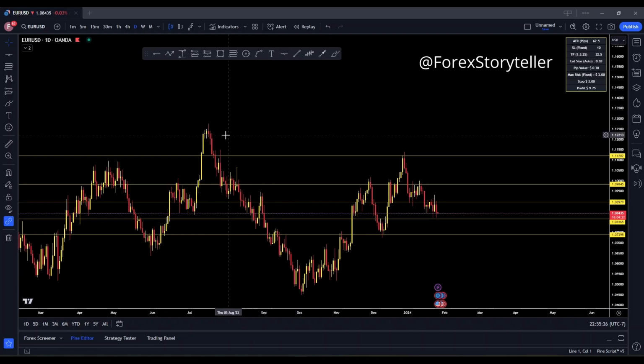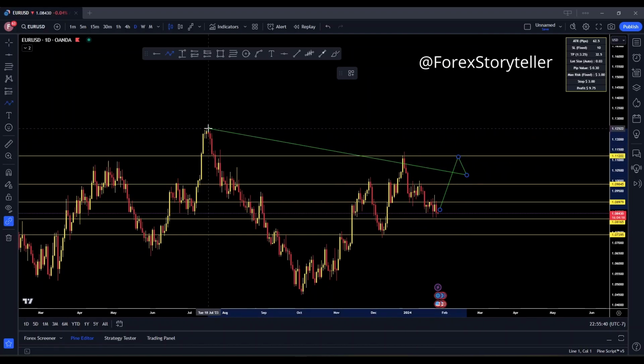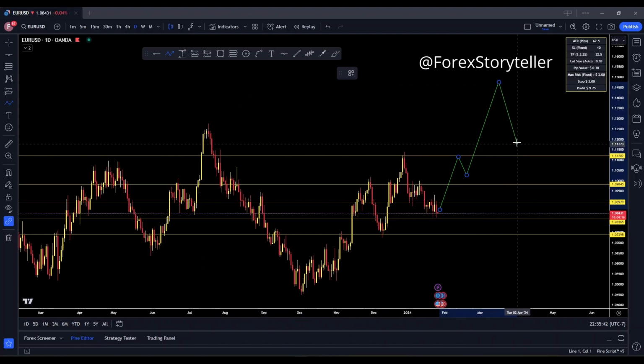So it's very likely that when price does finally decide to push back up through this level, it could very well use this level and come back a little bit. But as far as this level goes, it could just blow right through it and not even pay attention to it being there.